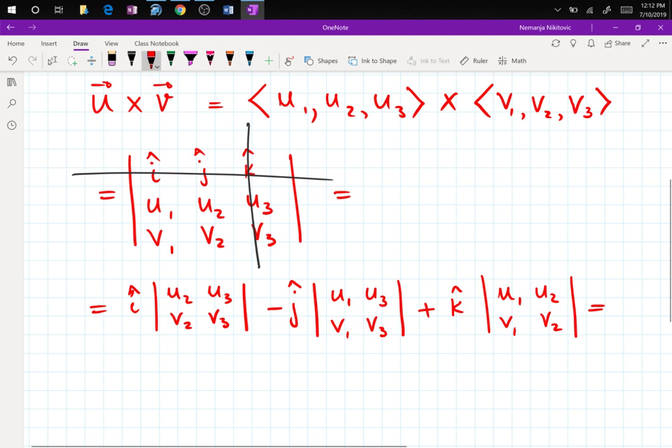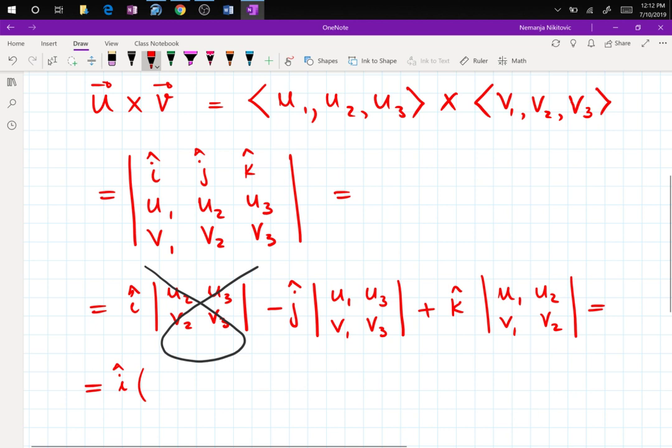And then you need to solve each one of these. These are solved by placing this symbol like that. So I open parenthesis, you multiply U2, V3, and then subtract V2, U3. You go down, you enter this way, you exit that way, and you can see that in the middle it looks like a cross, like a multiplication.